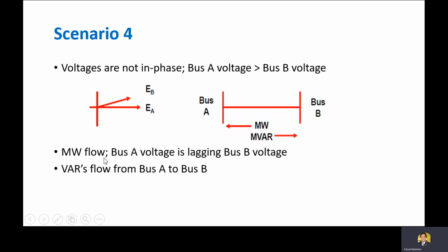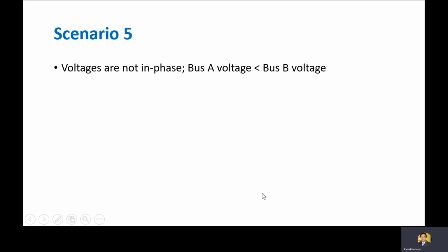Scenario number 5: voltages are not in phase, bus A voltage is lesser than bus B voltage.